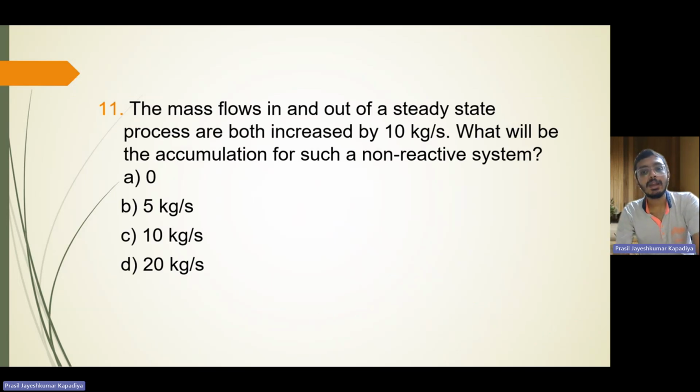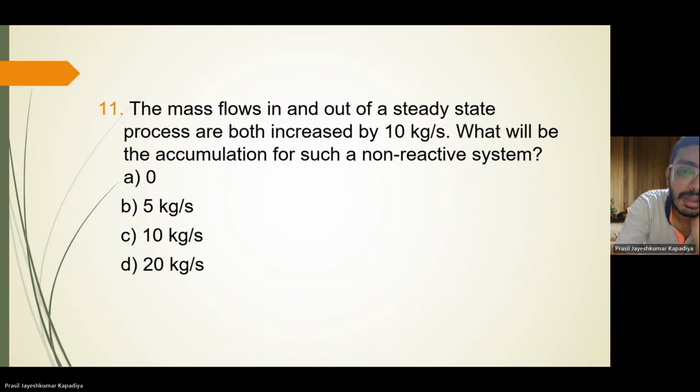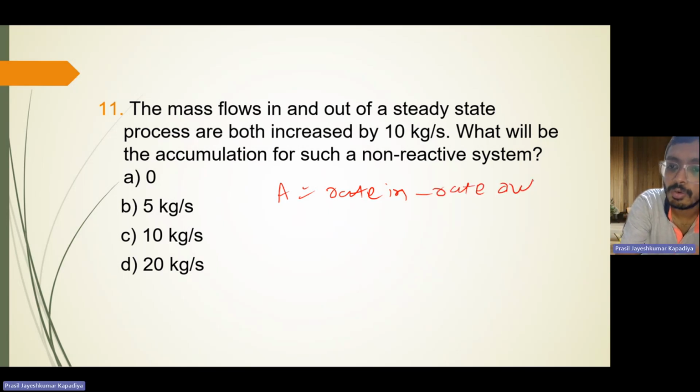The mass flow in and out of a steady state process are both increased by 10 kg per second. What will be the accumulation? So how can I write accumulation? Accumulation is equal to rate in minus rate out. Now both I am increasing by 10.